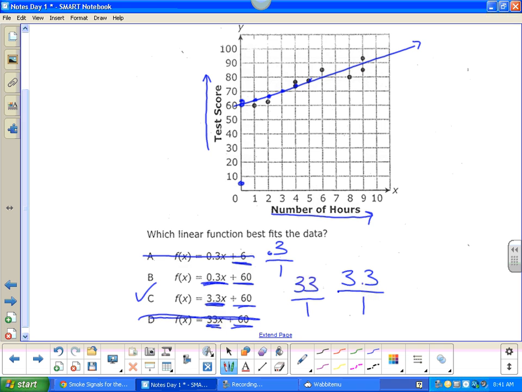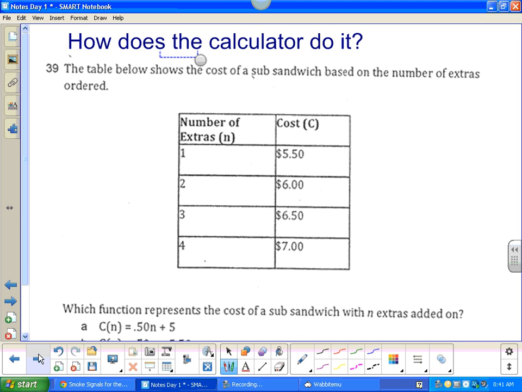B is 0.3 over 1. Now that's up a tiny bit and then over 1, and I really think that's going to be too flat for this line. So we're going to go with C. Again, we're estimating. You're drawing the line that best fits the points, and then you're estimating the equation that fits that line.